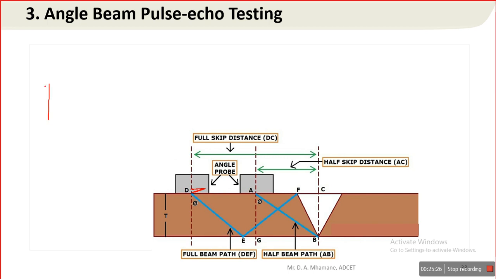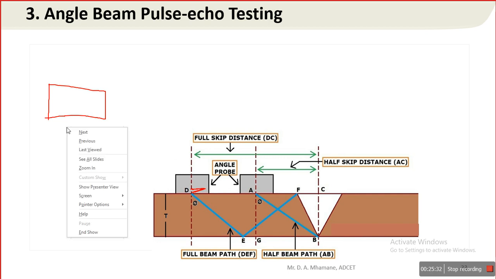Suppose this is a transducer. In this transducer, the piezoelectric element, or we can say pulsar or receiver, is placed at a predefined angle, so it has a particular angle with the horizontal.